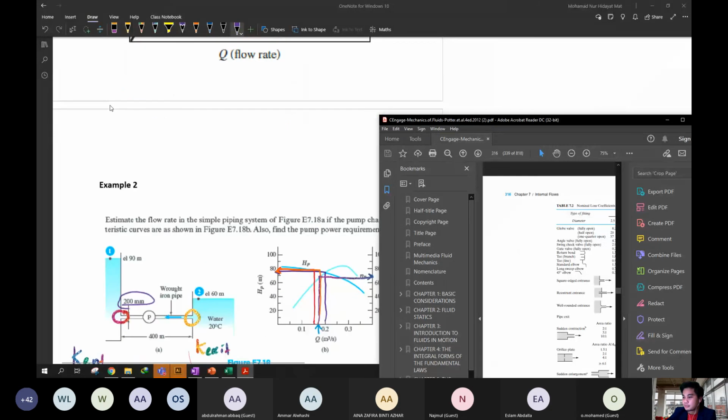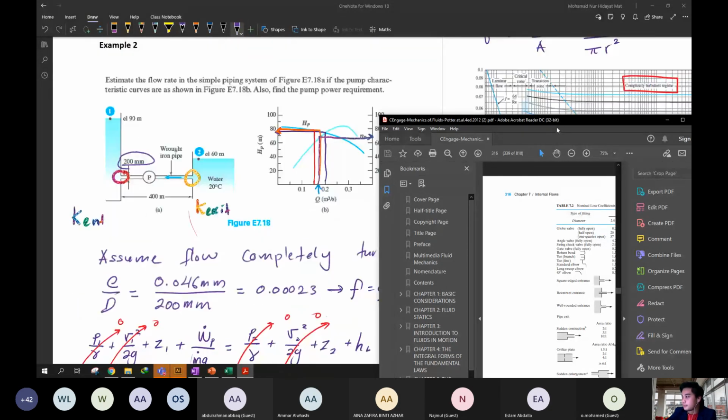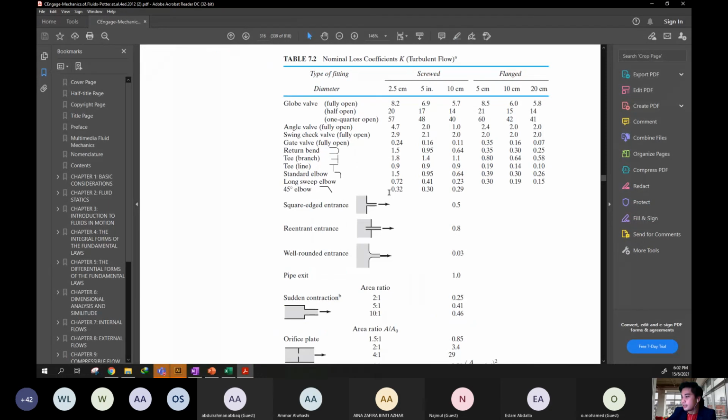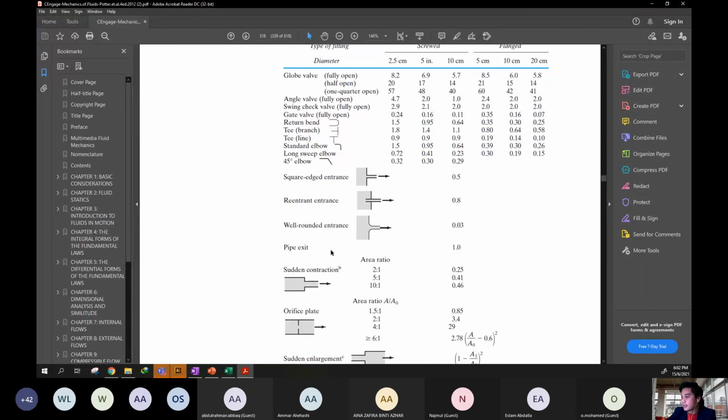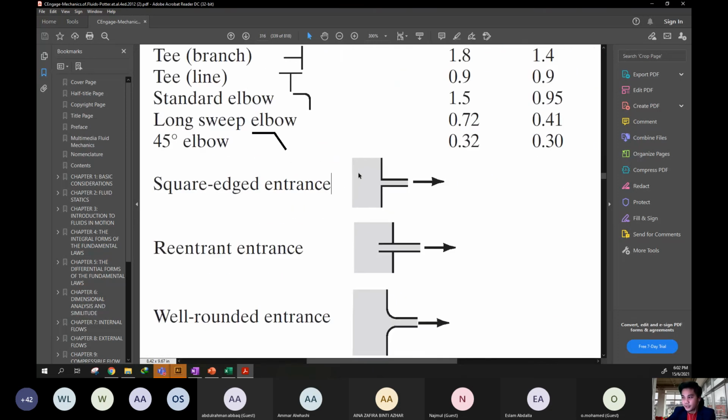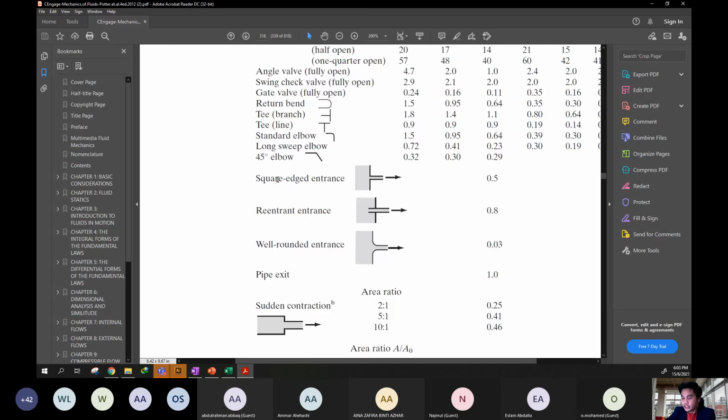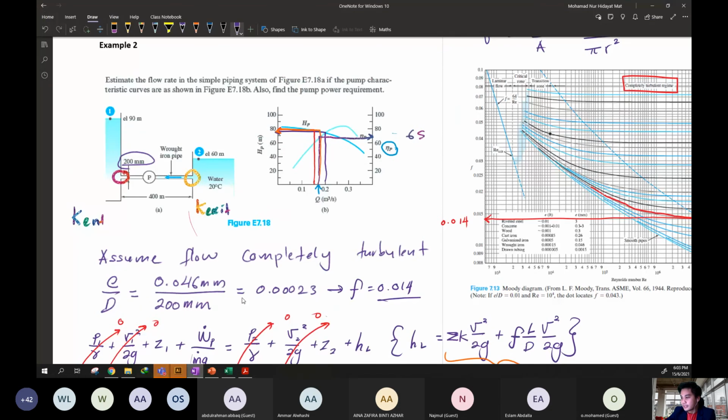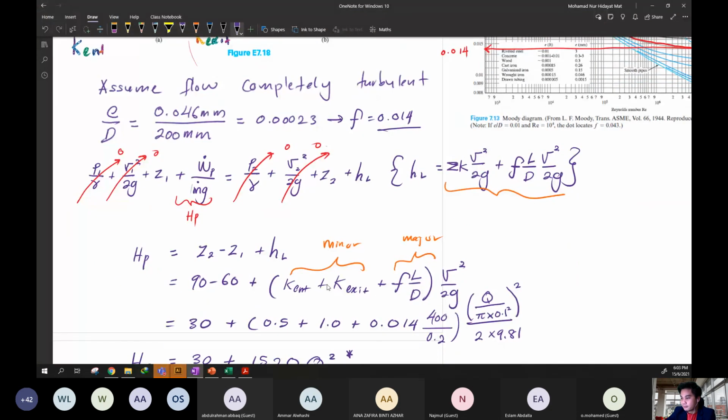Look at our shapes. Where is our K entrance? You can see our pipe exit. There is only one, which is 1. You can memorize that. So what is the entrance? You need to be alert to the shape. It is the square edge entrance, 0.5. That is why you can see here the K entrance 0.5, the K exit 1. Clear.